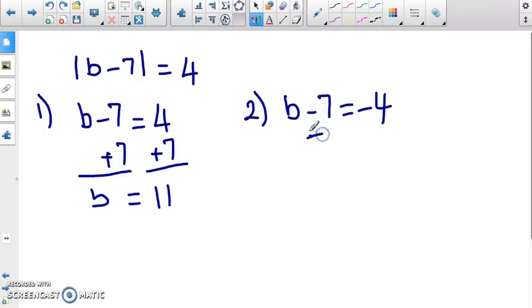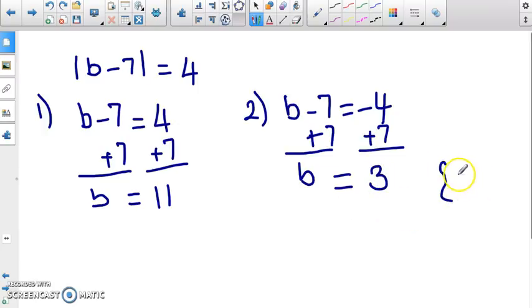I'm going to solve for b in this case and add 7 on both sides. So b, negative 7 plus 7 is 0, so I don't have to write that one. Negative 4 plus 7 is going to be 3. So in this case, my solutions are 3 and 11.